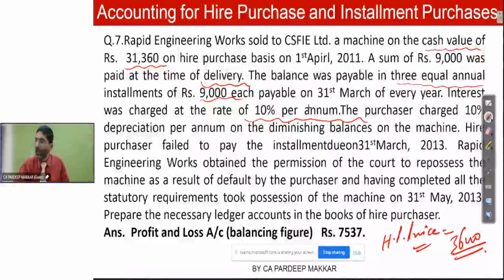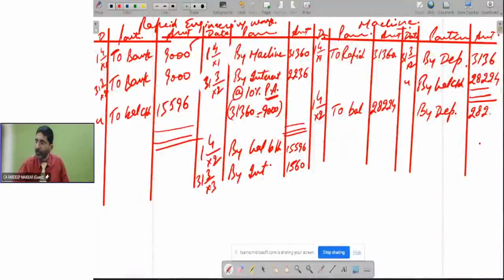The depreciation is to be charged at the rate of 10% per annum on diminishing balance method. Diminishing balance method, we know it very well. It is 2822.